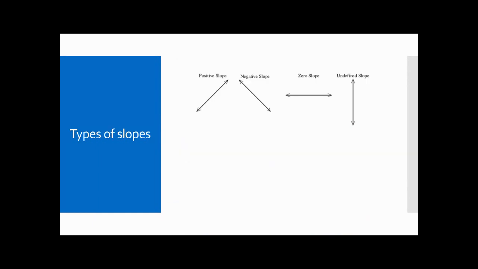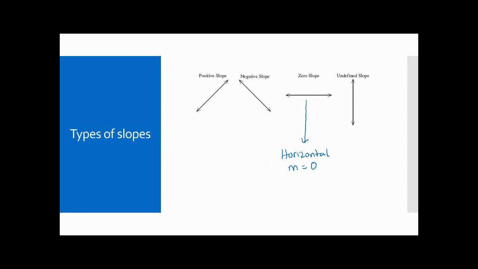Now, types of slope. So there are different types of slope. I've already talked about positive and negative slope, and there are some pictures here where positive, you can see the shape as you move from left to right, it's going up, and negative slope as it moves from left to right, it's going down. Zero slope. So zero slope is horizontal. So if you have a horizontal line, your slope is 0.